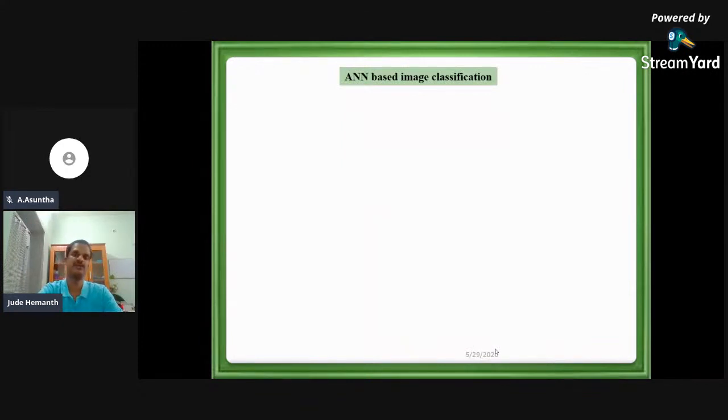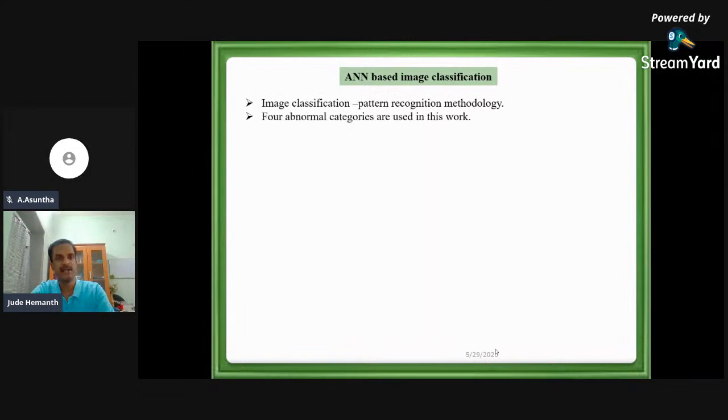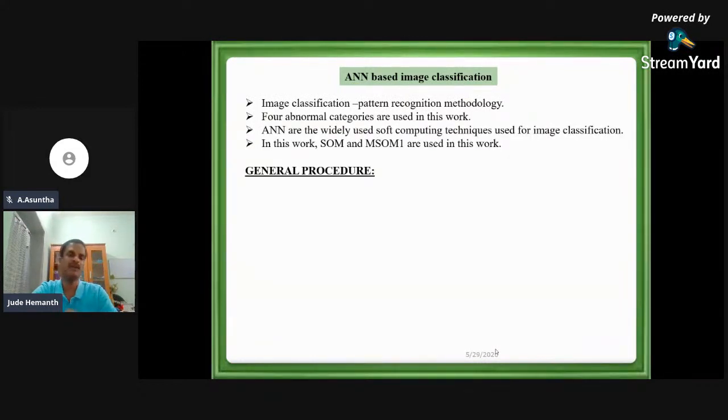Here we are going to see ANN-based image classification, and the method I am going to use is the self-organizing map, which is also called the Kohonen neural network, framed by the scientist Kohonen. I am also going to give you an out-of-the-box approach derived by me, which I call modified self-organizing map 1. I have MSOM 2, 3, 4, and more, but I'm going to give you the simplest possible.